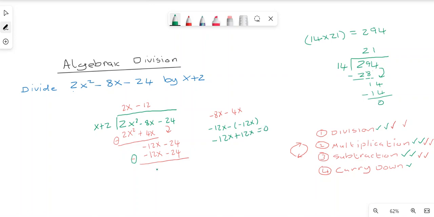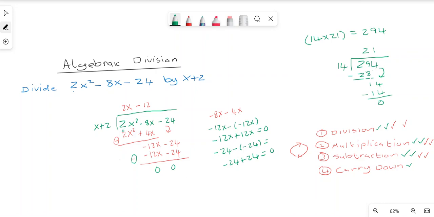Okay, so these two cancel out, so that would be 0. Now we have minus 24 minus 24, that becomes minus 24 plus 24, which is equal to 0. Okay, so that cancels out then as well. So that's the last subtraction step, and then there's no carry down step.